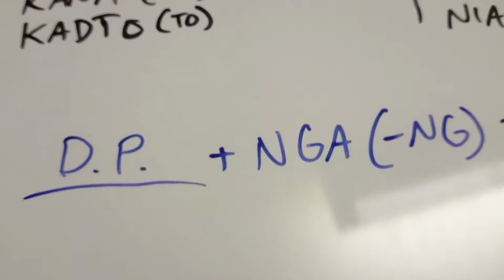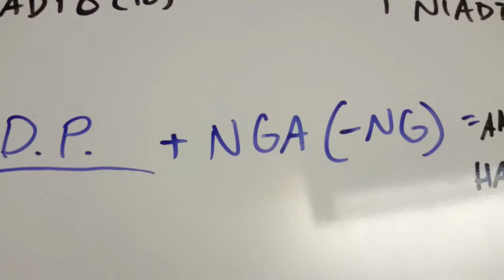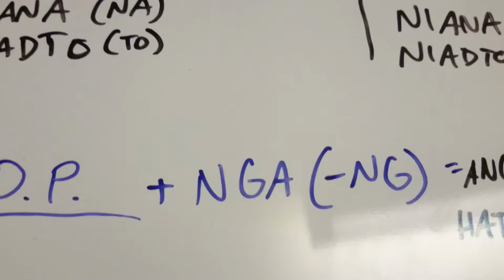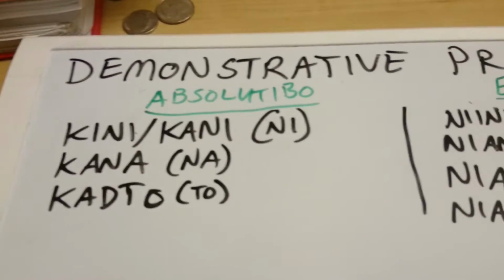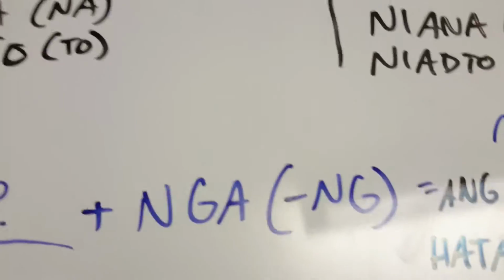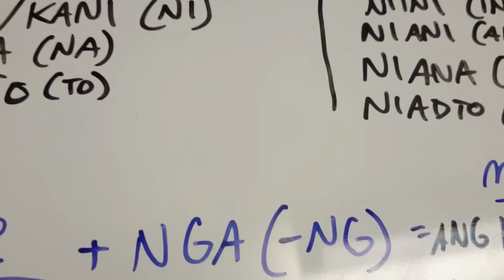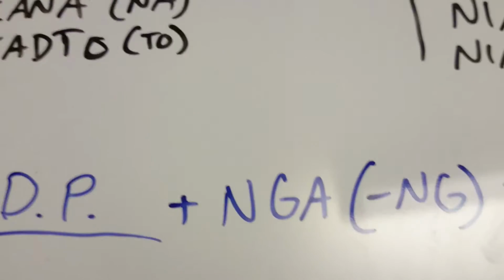Moving on. Commonly with these demonstrative pronouns, you'll have that nga ligature again, and since all of these demonstrative pronouns end in a vowel, you have to use the ng ending of the nga form, and that attaches to the demonstrative pronoun as shown.